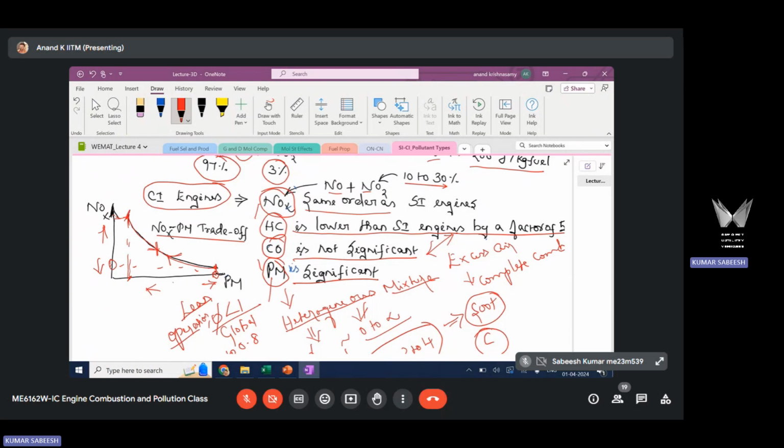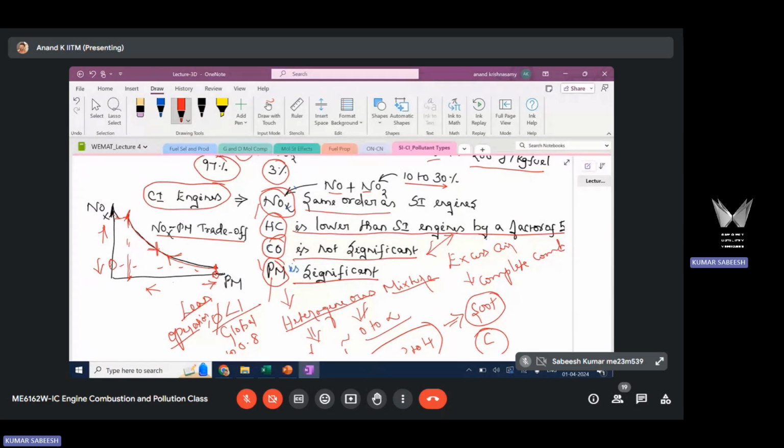Later on, we are going to discuss the different NOx and particulate control strategies, the pollutant control strategies, for all the 4 regulated pollutants. There are different strategies available to control NOx and to control PM.